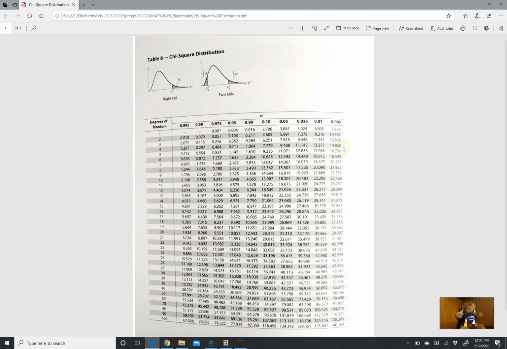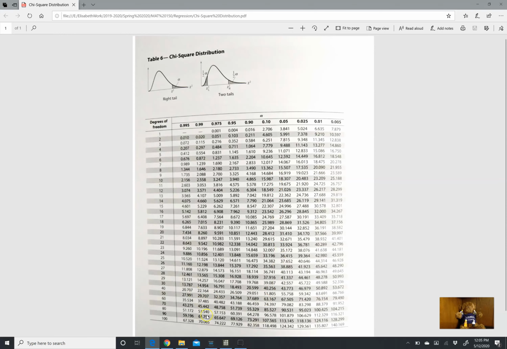At 0.5% level of significance, it's 14.860. So in this case, these variables are dependent regardless of which of these numbers we use, because 20 is greater than all of those numbers. But that's not always the case, okay? So in a lot of cases, you do want to specify. But as I said, we have the question, which is why I haven't been as particular about that.